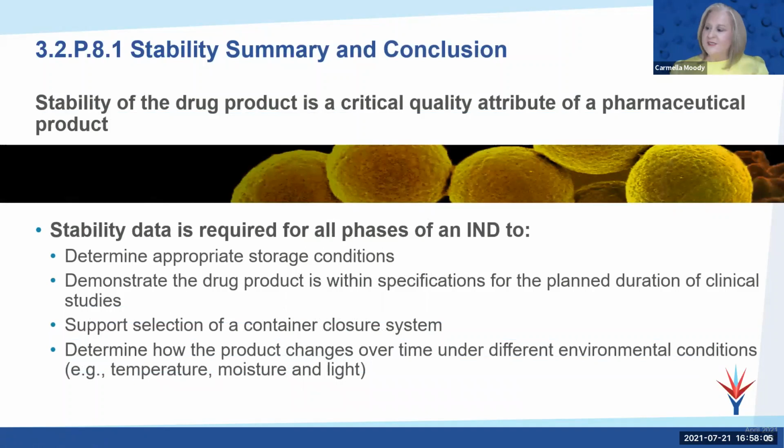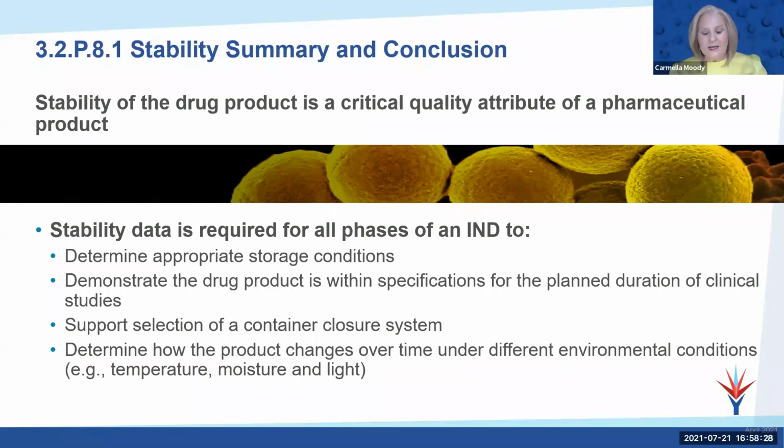Okay, so stability summary and conclusions. I didn't say this for the drug substance, but you have to have stability testing performed on your active ingredient from the date of manufacture until the point in time when that active ingredient is incorporated into your drug product.